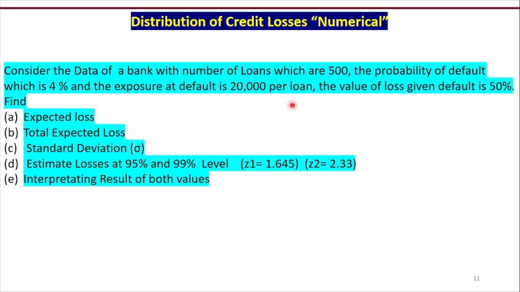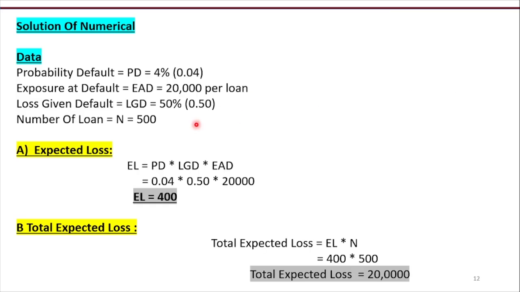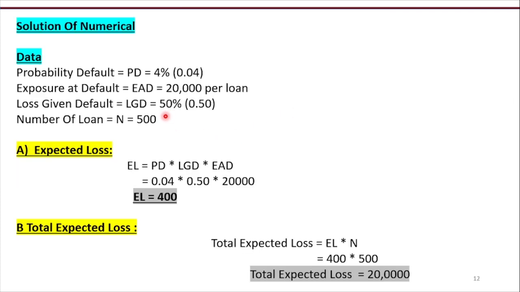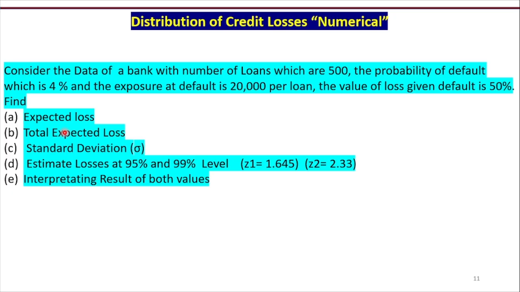Now, the value of the loss given default, LGD, is exactly 50%. If you convert this into decimal, we simply divide 50 by 100, so we get 0.50. The number of loans, n, equals 500.